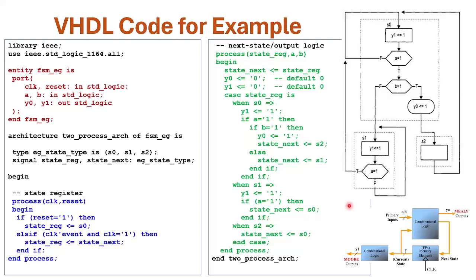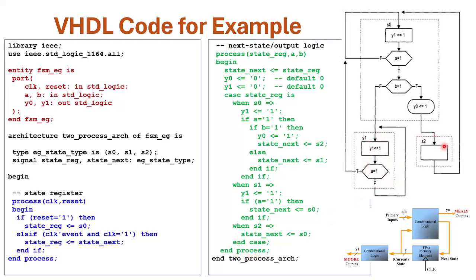Otherwise, we will stay within the same state, that is captured by this first assignment here at the beginning of this process, which has some default assignments which may or may not be reassigned, changed in this sequence of sequential signal assignments within this case statement here. That is pretty much it.